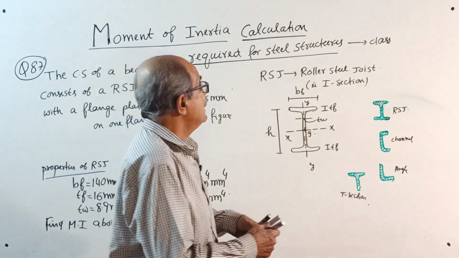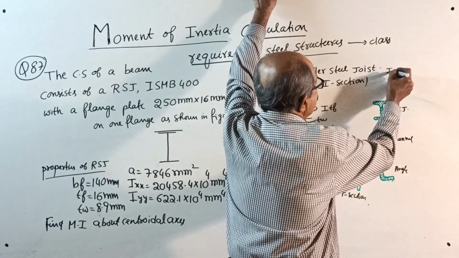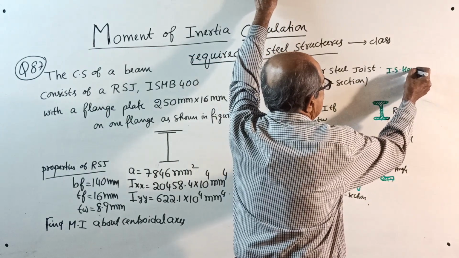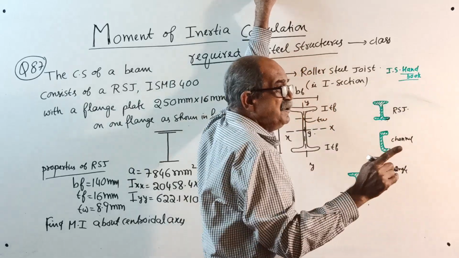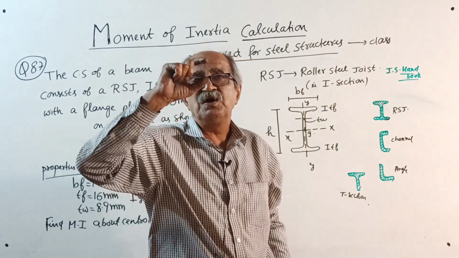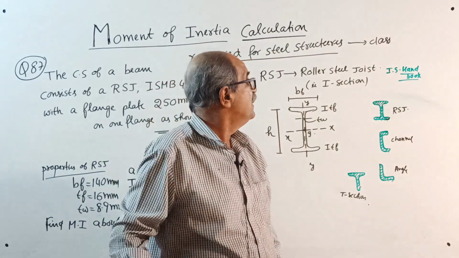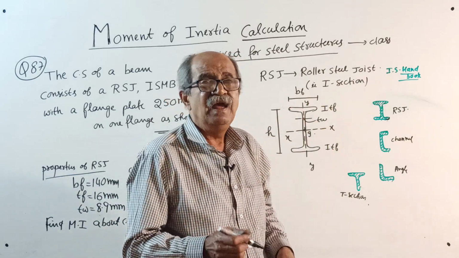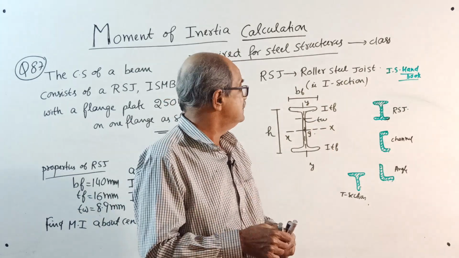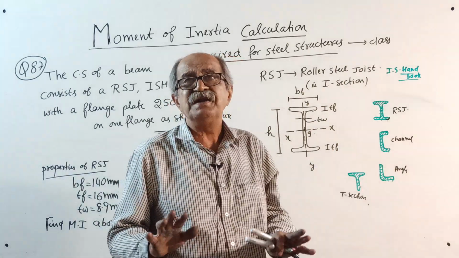It is called the IS handbook. The number I forgot now. It is a thick book, a little costlier. With permission from the IS department, many people published what is required for students.